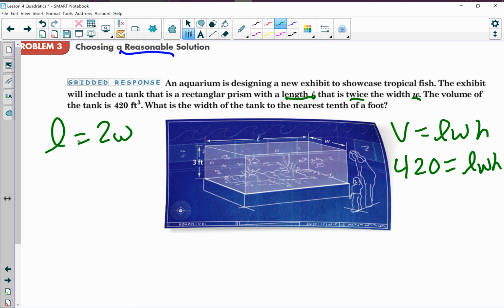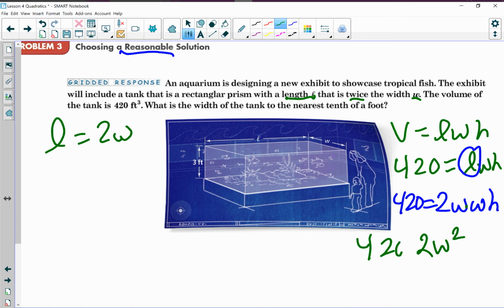And we know our length is 2 times our width, so this length is also 2 times our width. Okay, and then W times W is W squared. Oops, we got the 2 out front. And times H.